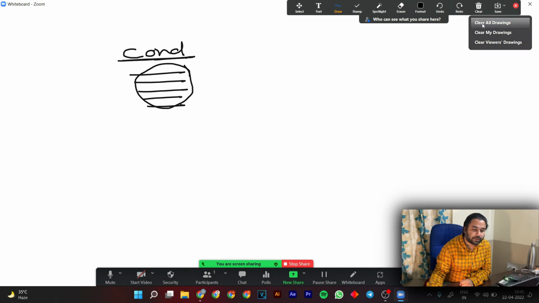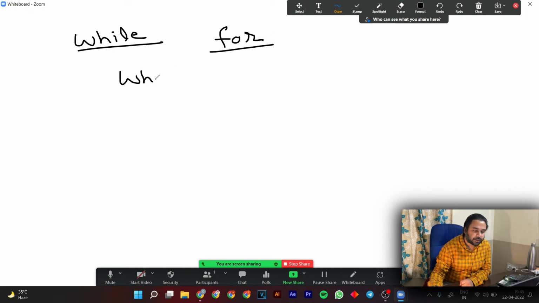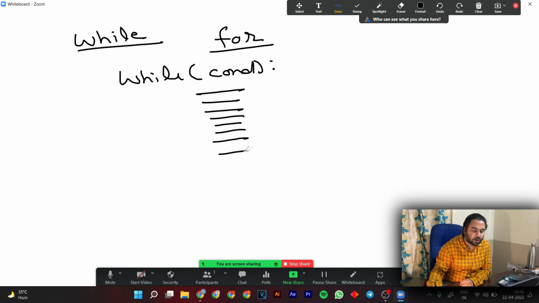So we basically have two types of loops. One is the while loop and the other is the for loop. In a while loop, I write while and then the condition, and then the statements. All these statements will be executed, and execution stops as soon as the condition becomes false.